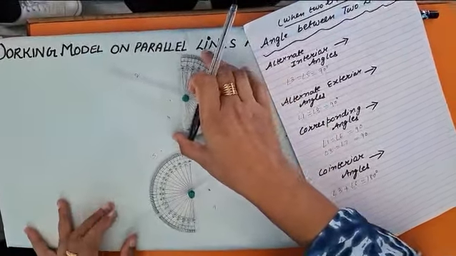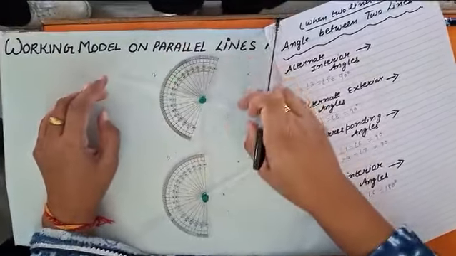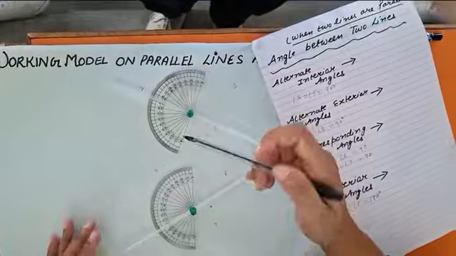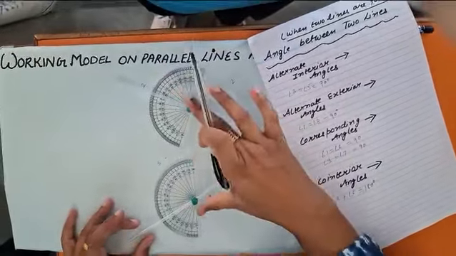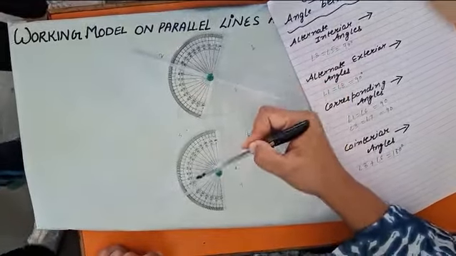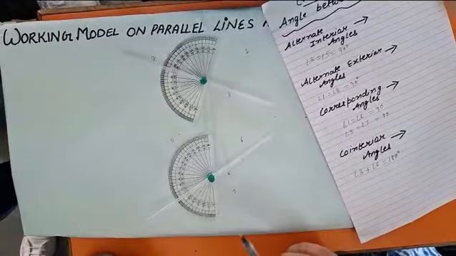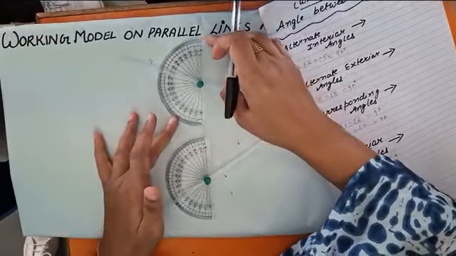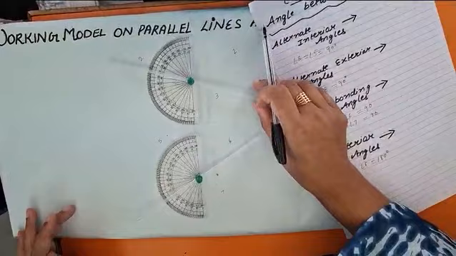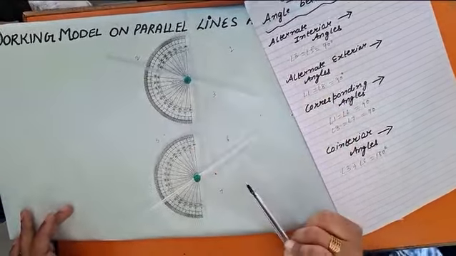Okay. Let's observe the co-interior angles. This is a pair of co-interior angles, angle 4 and angle 5. What is the measure? Observe now. This is 110.